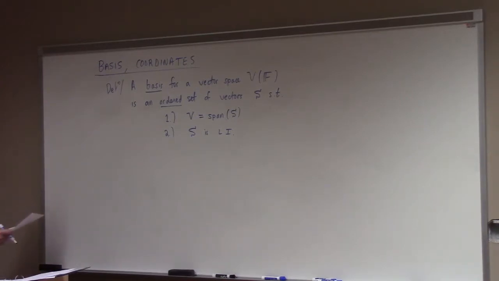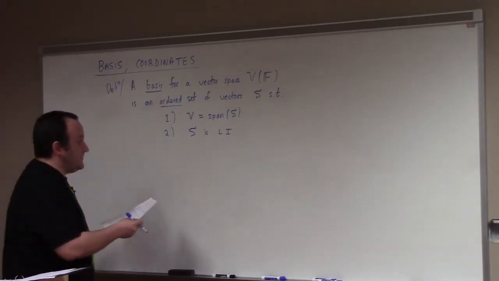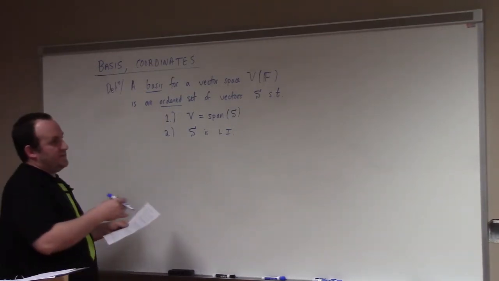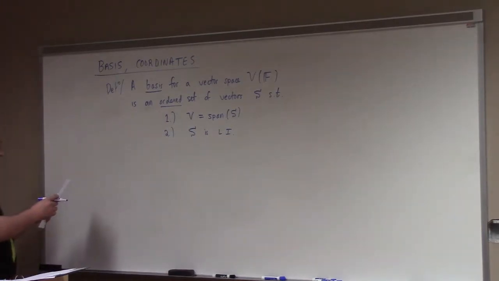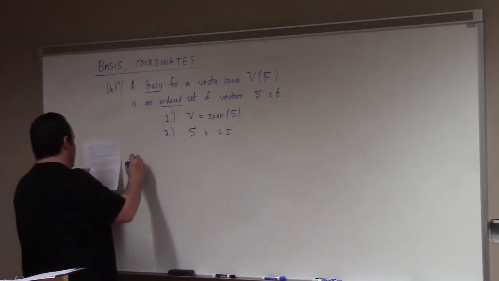So here's a couple of theorems. I'm going to state a theorem which is kind of intuitively obvious, but I'm not going to prove it. If I actually prove this theorem, I think if I remember right, it takes me about a half hour. But it seems simple enough. So here's the theorem.